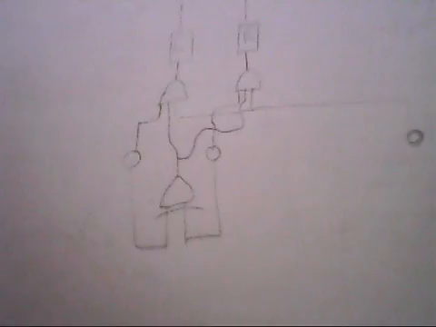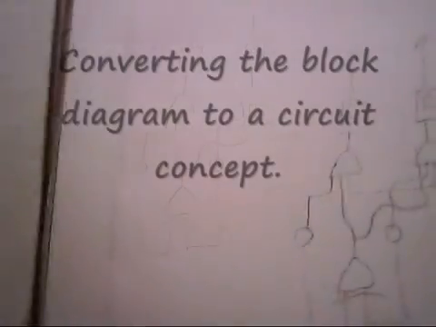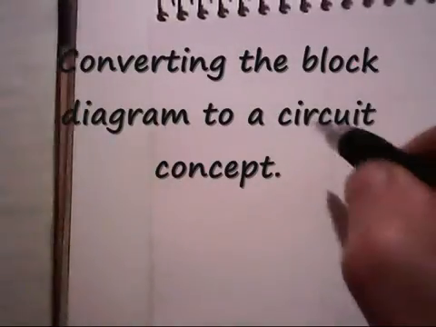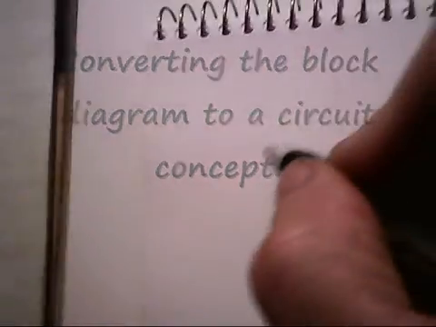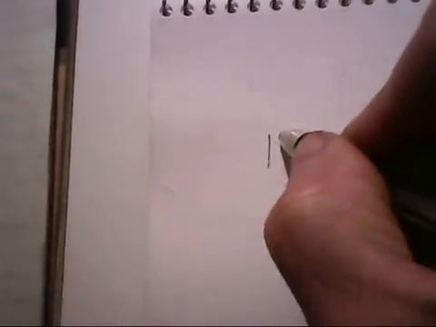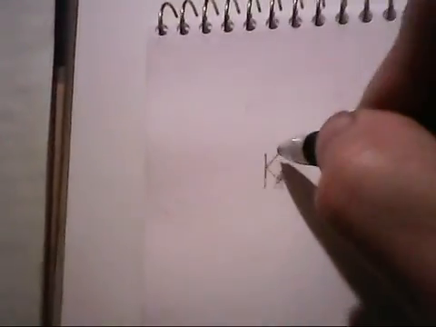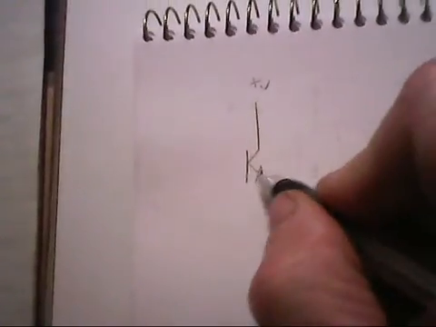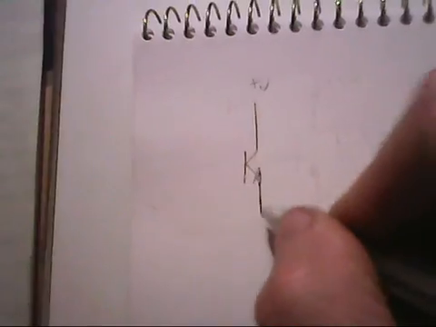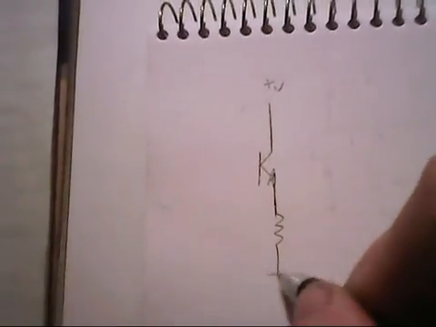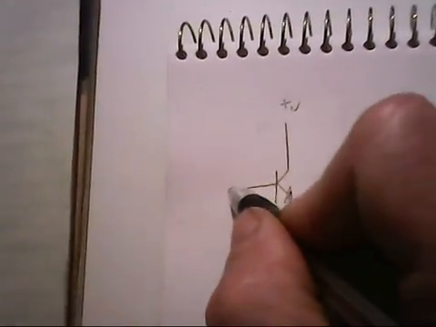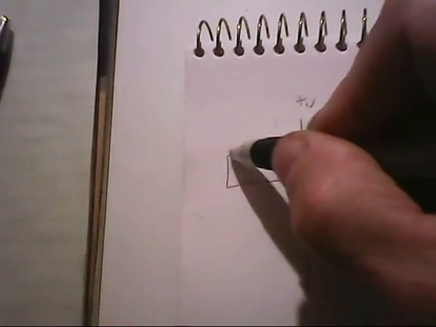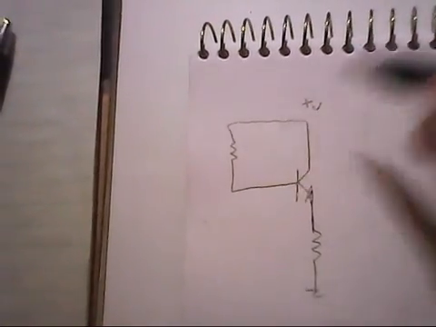Let's see how that works now with the circuitry. Here's how I do my AND gates. If I'm going to have a 3-input AND gate, it's going to look like this. I'm going to have an NPN transistor whose collector is connected to the positive side of the battery. Then I'm going to have an emitter resistor to ground. Then I'm going to have a base bias resistor to the positive side of the battery.